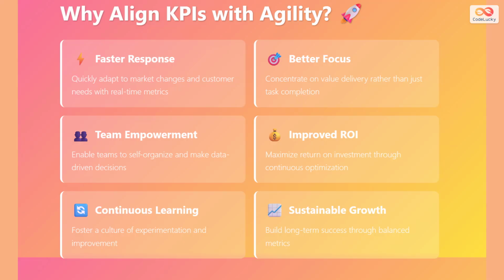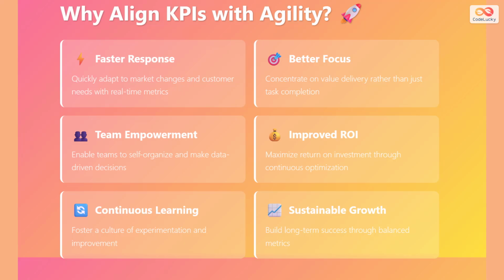Second, they provide better focus by concentrating on value delivery rather than just task completion. This ensures your teams are working on what truly matters. Third, Agile KPIs empower teams to self-organize and make data-driven decisions without waiting for top-down direction. Fourth, they improve return on investment through continuous optimization rather than set-and-forget goal setting.